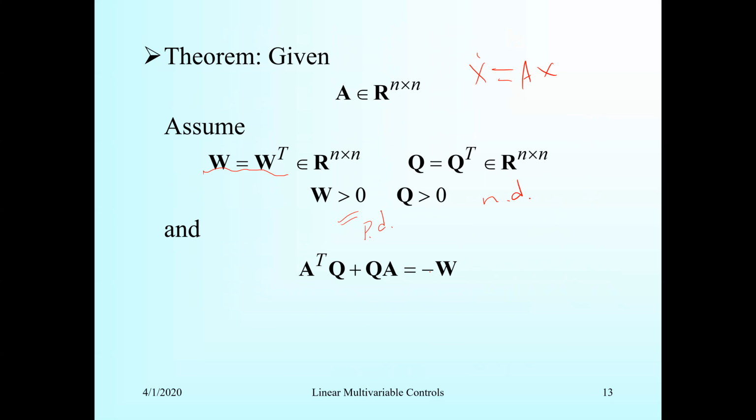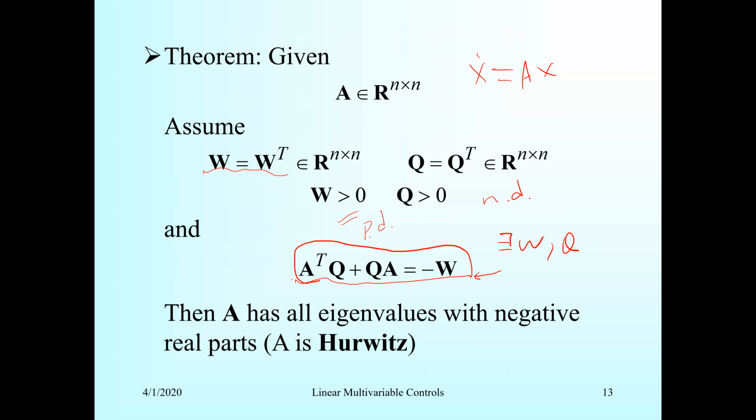If you can find them to satisfy this relationship, so here is talking about there exists W and Q to satisfy that, then we know that the overall system is exponentially stable.